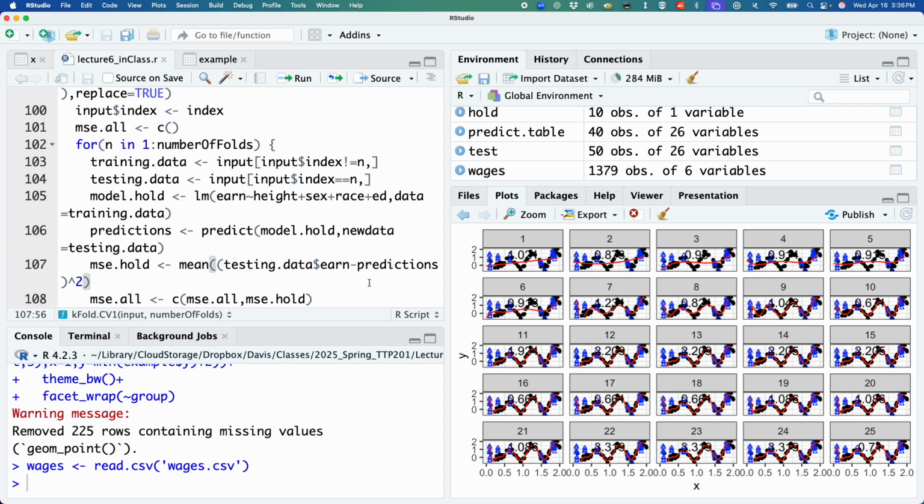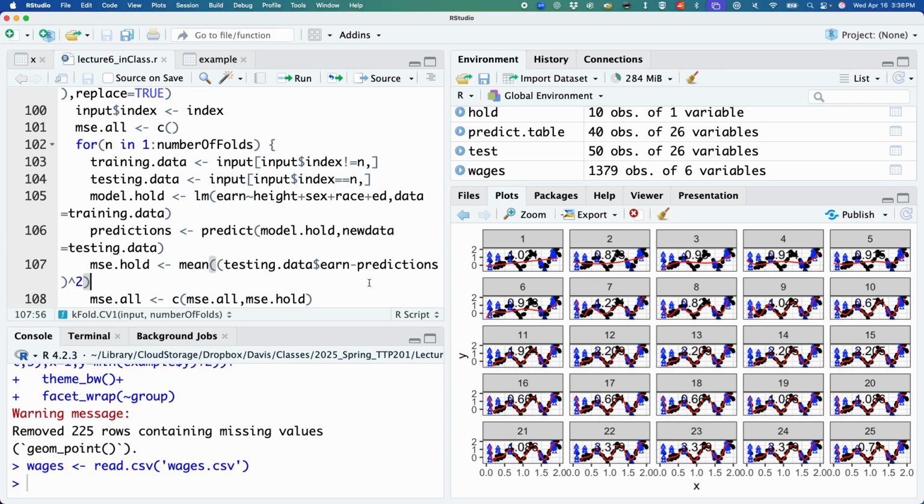That's what's happening in line 107. The little programming trick that I'm doing here is how do I store this mean squared error outside of the for loop? I made a container called mse.all.